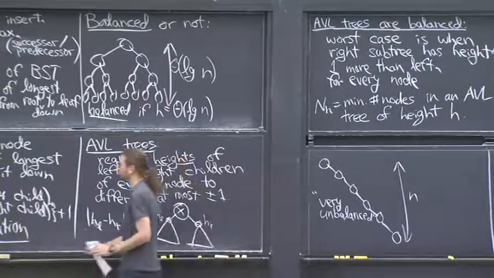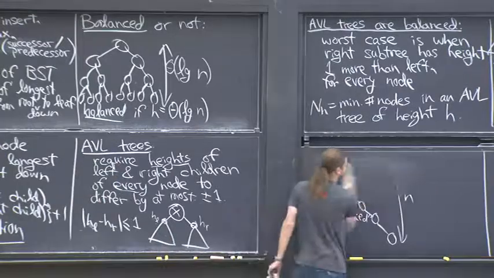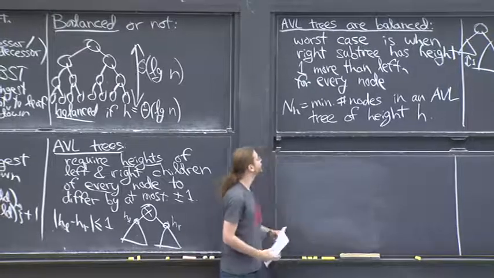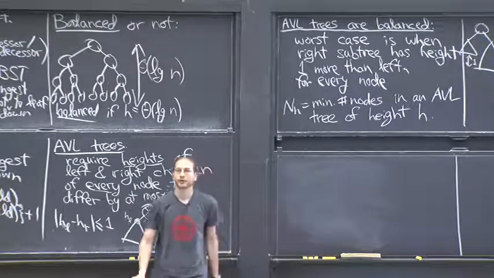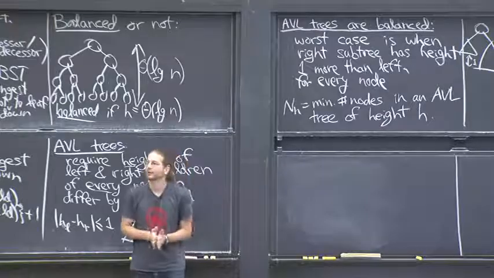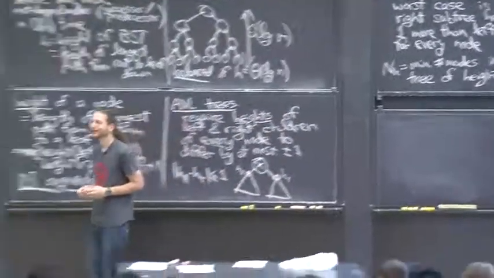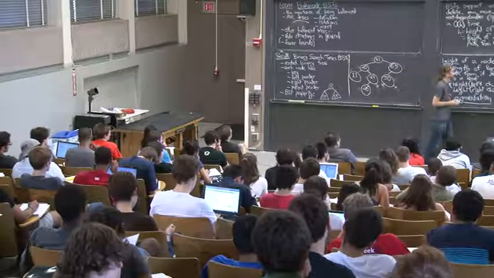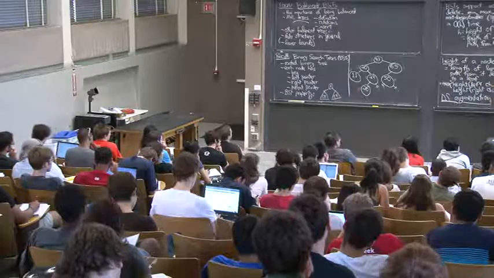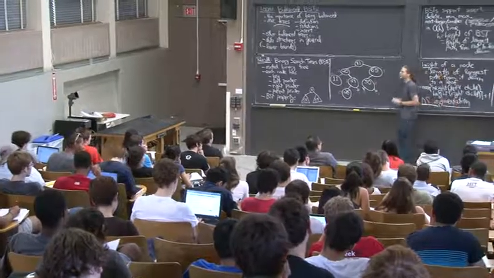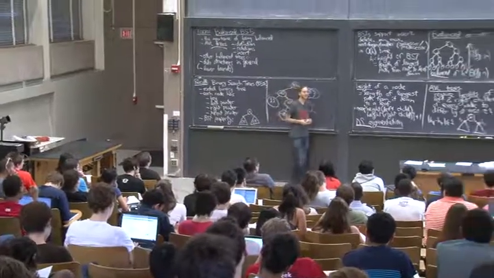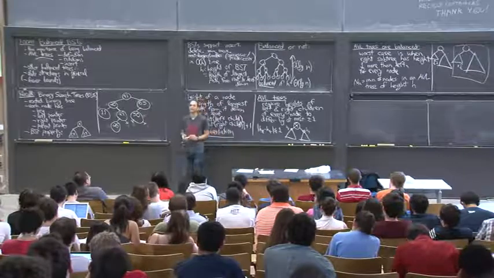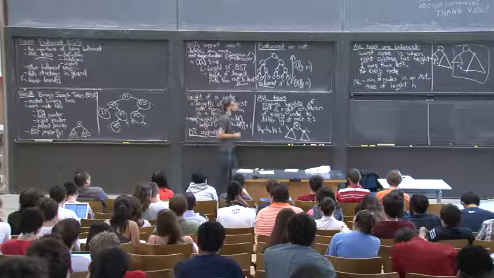How should we analyze n sub h? I hear something. Yeah? Maybe, but I don't think that'll quite work out. Yeah?